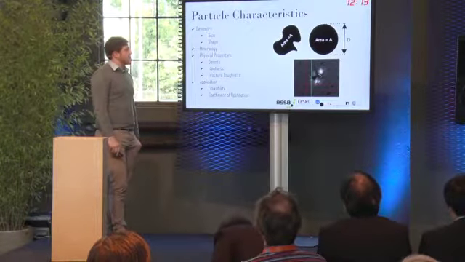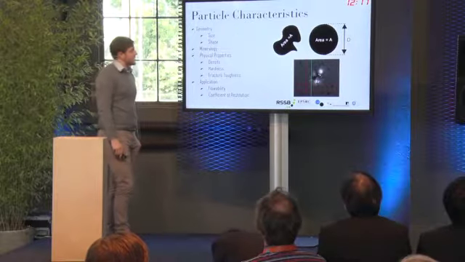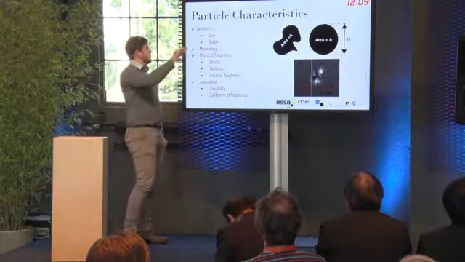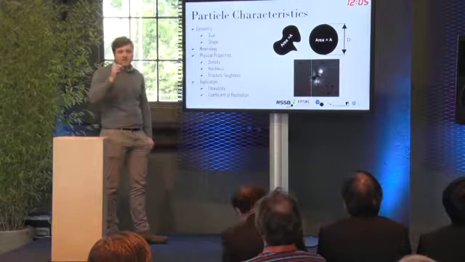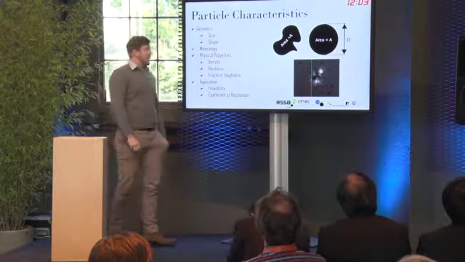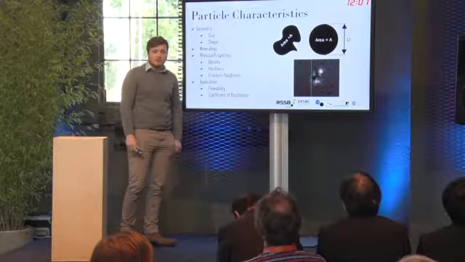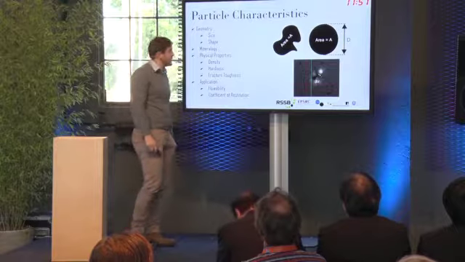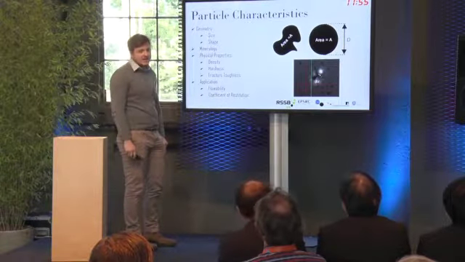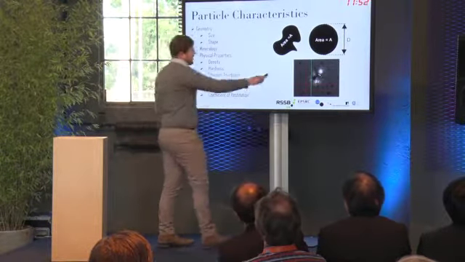So to briefly run through what particle characteristics I was looking for. Obviously the geometry is very important in sanding, so both the size of the sand and the shape. And I did this through 2 different methods: sieving analysis for the size, which I think we're all familiar with, and some 2D image analysis. So I've put an example here.